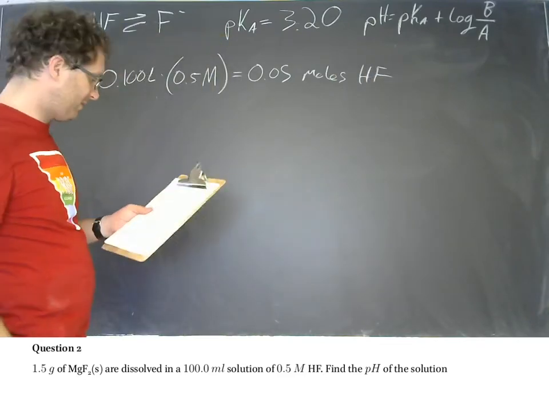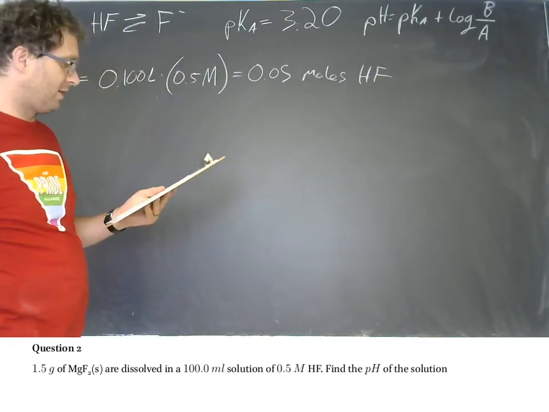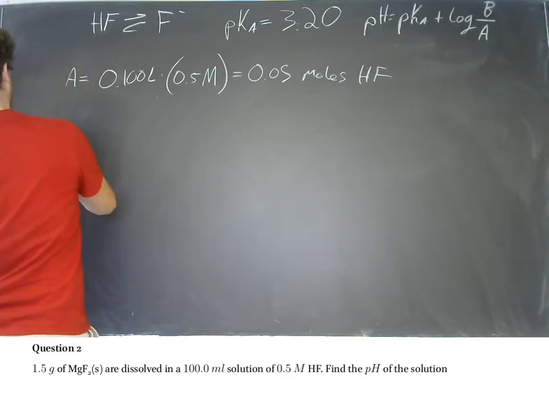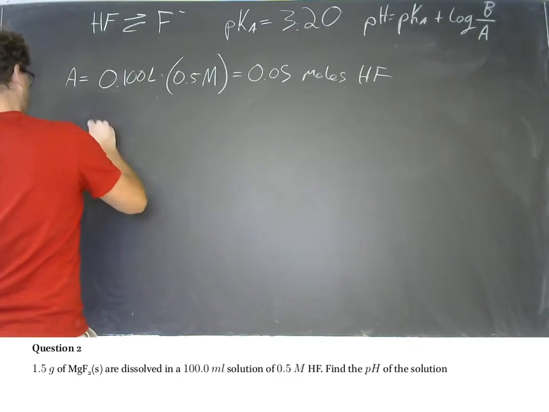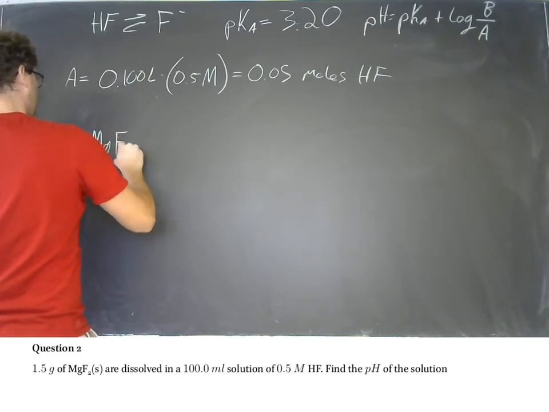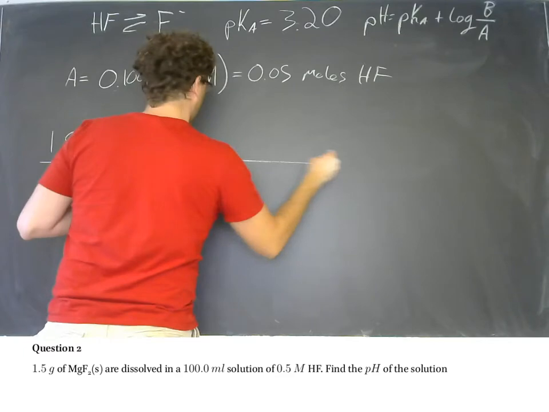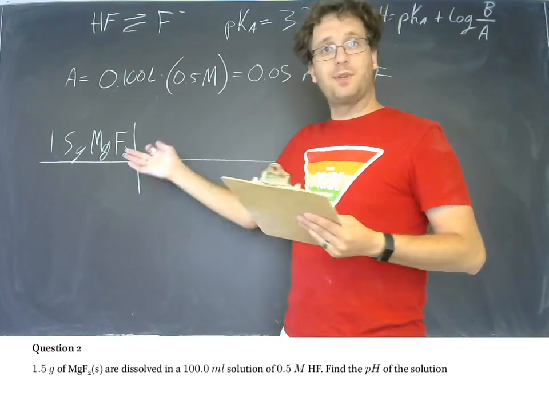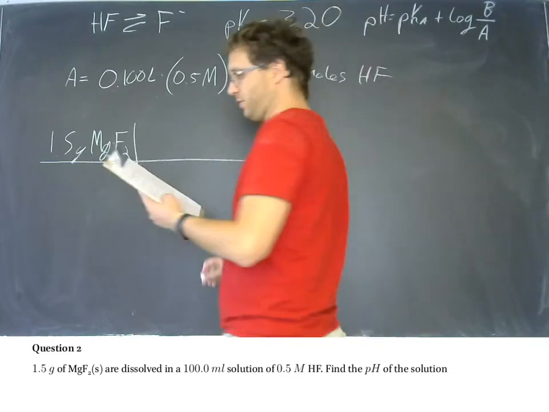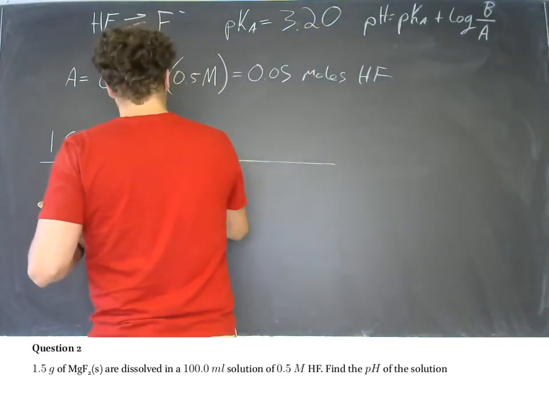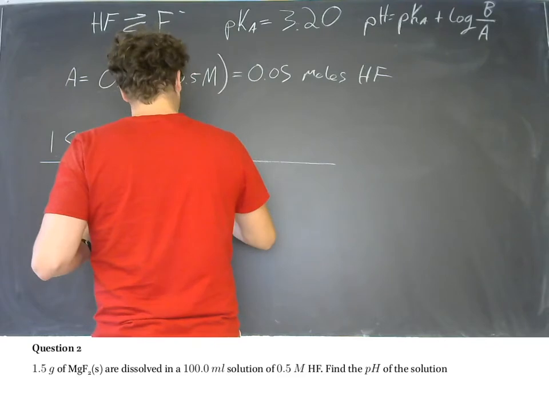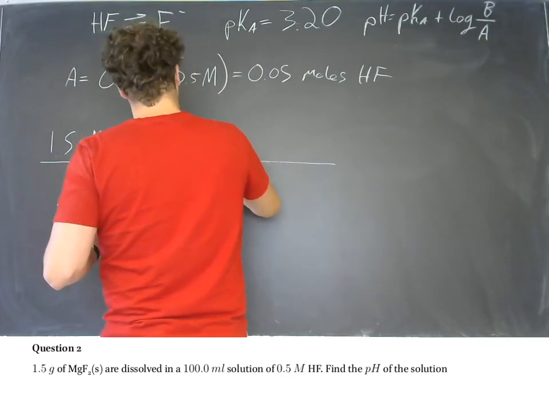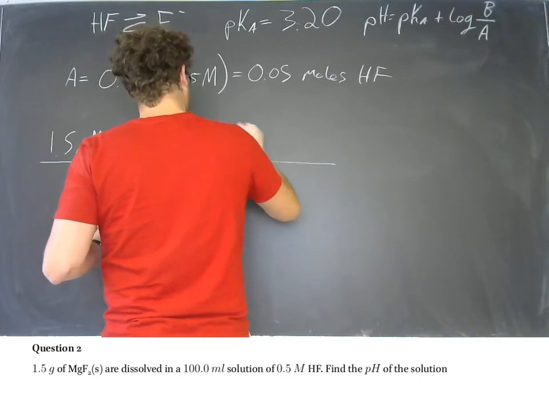Now for the base, we need to look at the grams of magnesium fluoride. So 1.5 grams of MgF2. This is a good old-fashioned dimensional analysis problem. You'll want to look up the molar mass of MgF2. It should be 62.30 grams of MgF2 is 1 mole of MgF2.